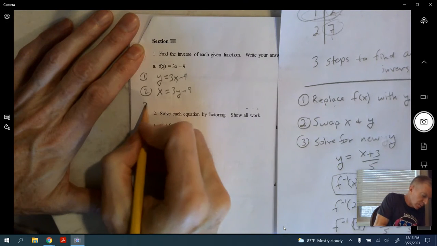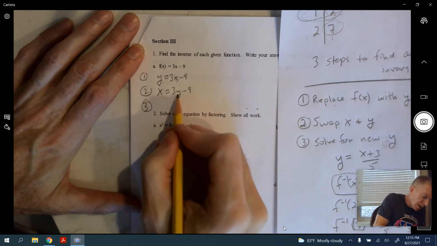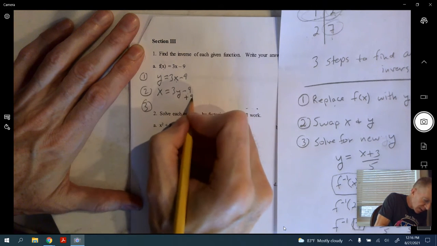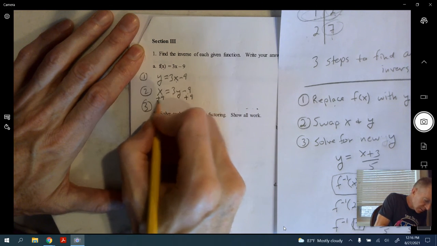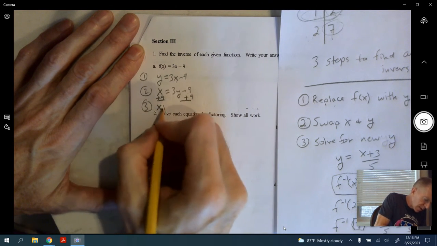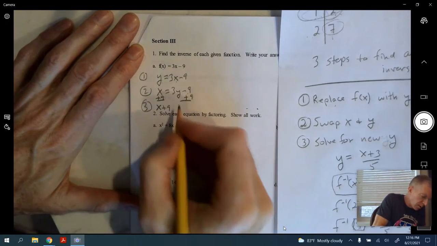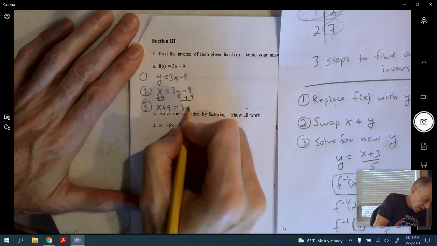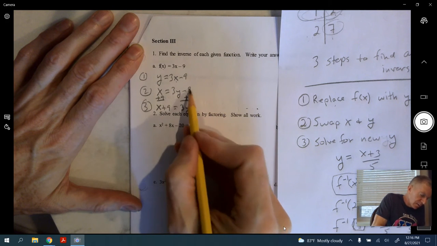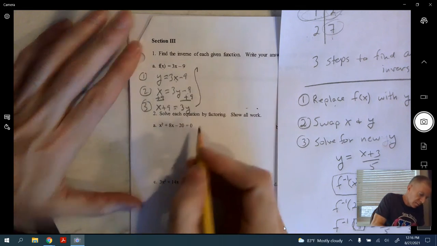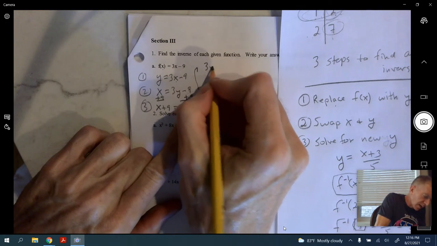And now step 3, solve for the new y. So that y we have to solve for, get rid of the negative 9, add 9 to both sides. X plus 9, you cannot combine the x and the 9, they're not like terms, so we have to keep them separate. Equals 3y, and then negative 9 plus 9 is 0. Let's bring this over here. I'm going to put the 3y on the left side.